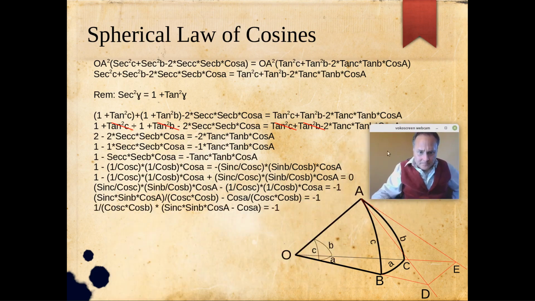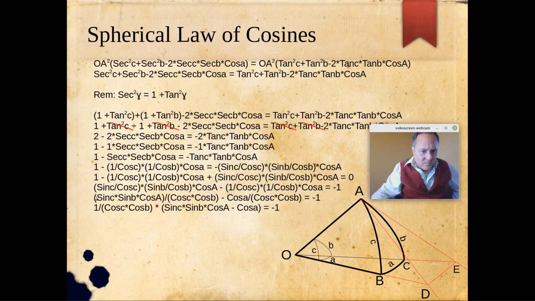Now, since both of these are over cosine C times cosine B, and this is being subtracted and has the same denominator, I'm factoring out the denominator as 1 over cosine C times cosine B, multiplied by what's in these parentheses.